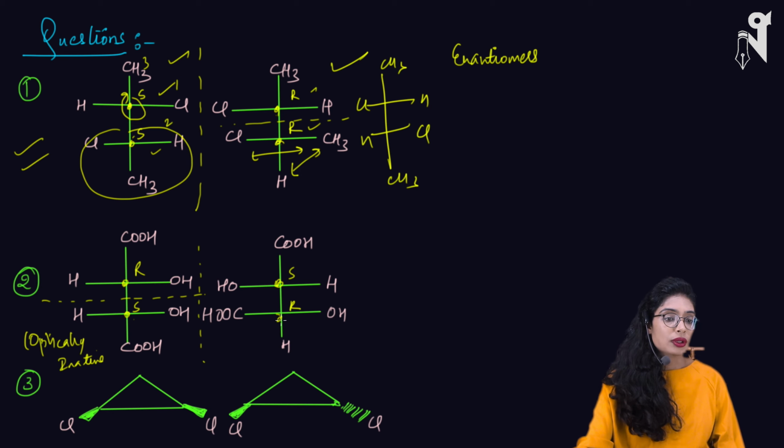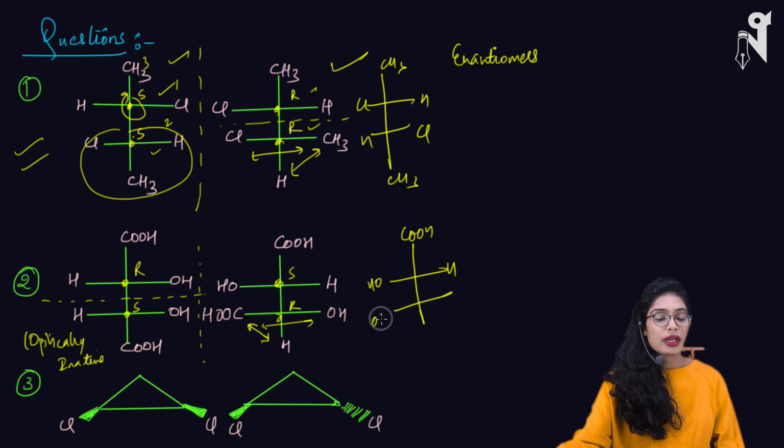In this compound, if I do a double switch like this and like this, the molecule which I'll get will be COOH, OH and H, OH and H and COOH, right?